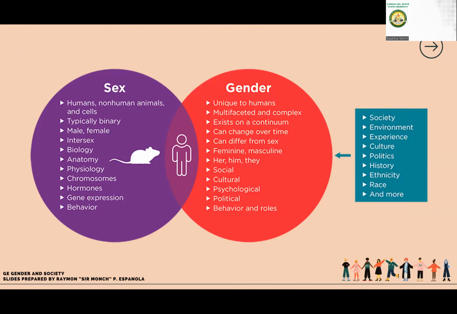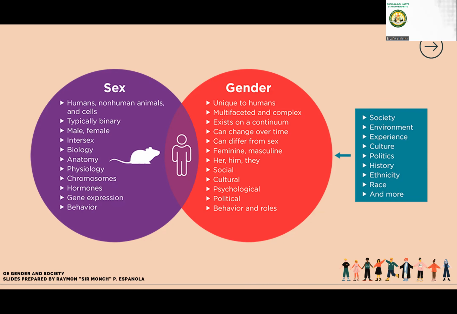We can think of the difference in this manner: sex is present among humans and also among animals, male, female, because our qualifiers here are biology, anatomy, physiology, chromosomes, hormones, genes. On the other hand, gender or SOGI is unique to all humans and is multifaceted and complex.